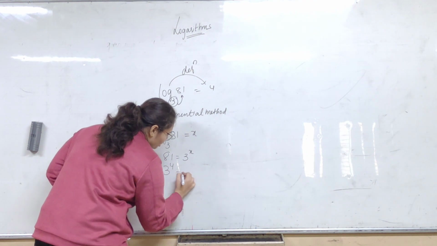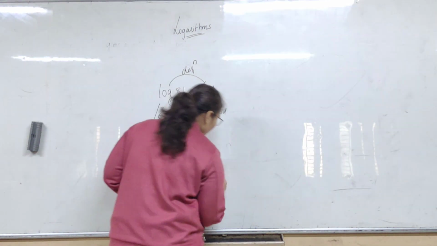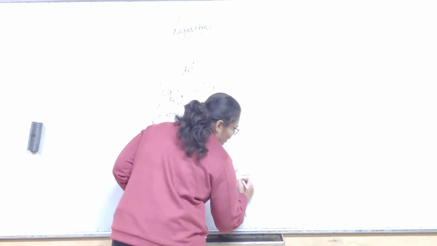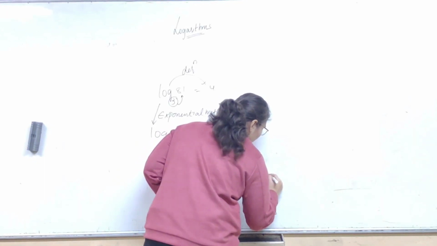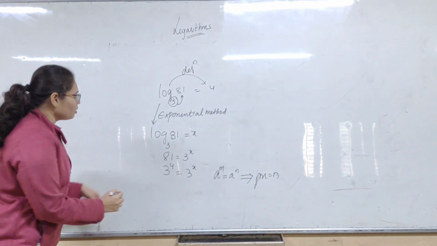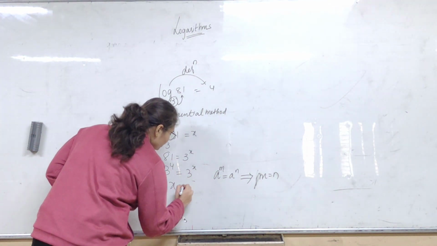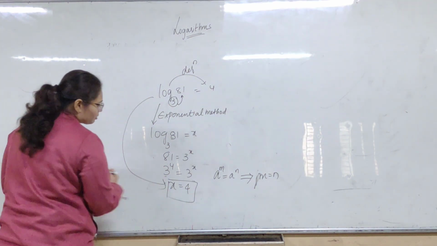So 3 power 4 is equal to 3 power x. Through the exponent law, if a power m is equal to a power n, then m is equal to n. Since the base is the same, x is equal to 4 through the exponential method.